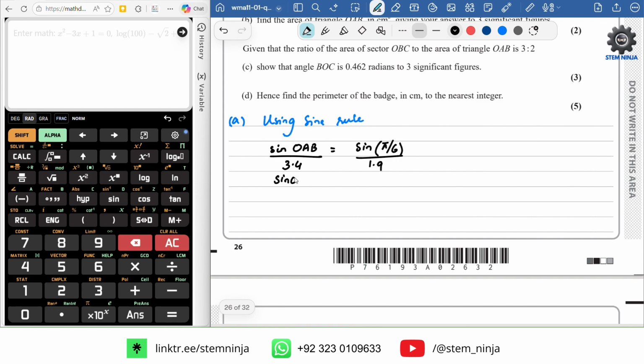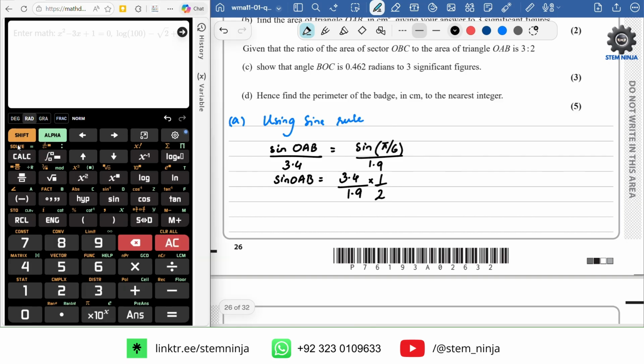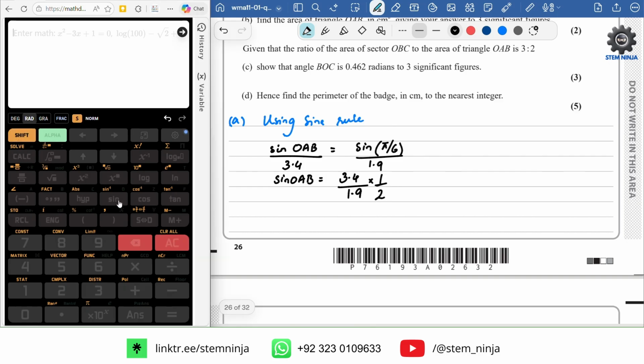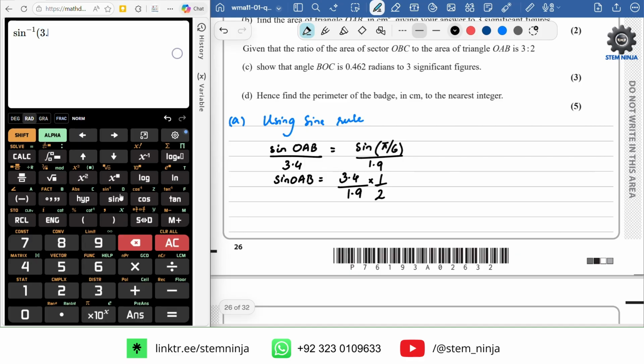So sine of OAB becomes 3.4 over 1.9 times sine of pi by 6, which is 1 over 2, so you can leave it like this. So sine inverse of 3.4 divided by 1.9 divided by 2, and we need it in radians.